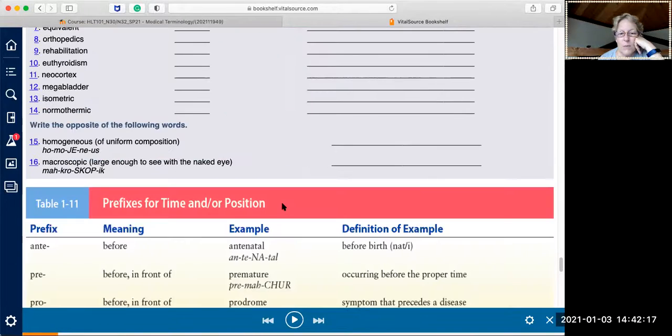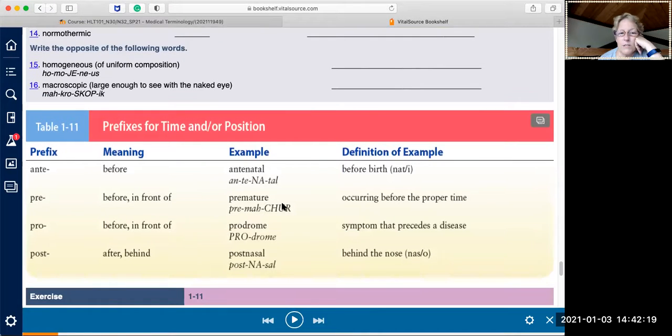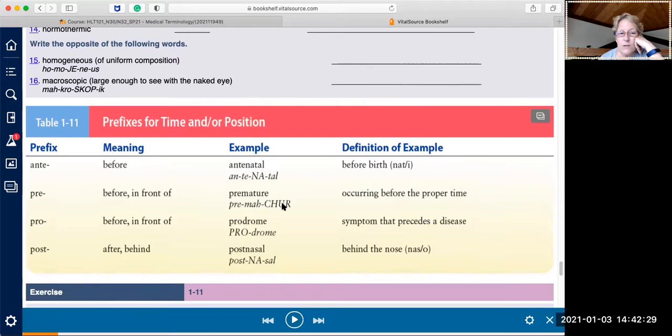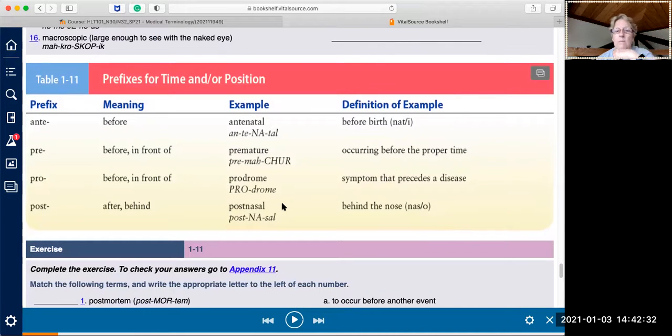You have study opportunities. Then you have prefixes for time. So ante, before, pre also meaning before, pro, before, and post or after. So you have three things here that you've heard. Prodromal, this is a condition of before something happens, something that precedes, something that happens before someone develops an illness.